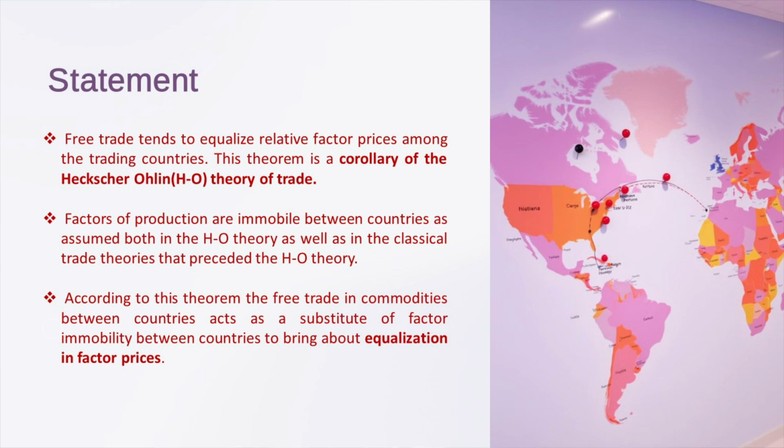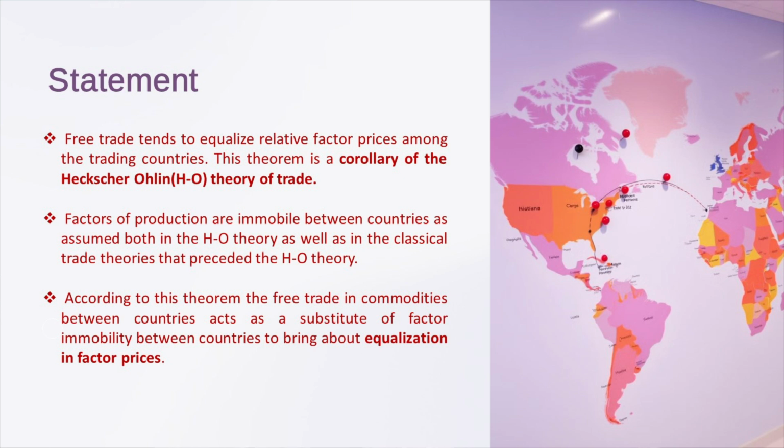So, as I have mentioned, this theorem is a corollary of the Heckscher-Ohlin theory of trade. If we go back to the Heckscher-Ohlin theory of trade, we may recall that the factors of production were assumed to be immobile between countries, both in the Heckscher-Ohlin theory as well as in the classical trade theories that preceded the Heckscher-Ohlin theory.